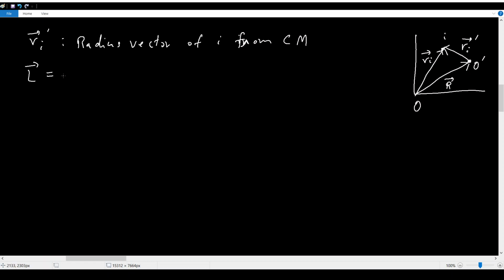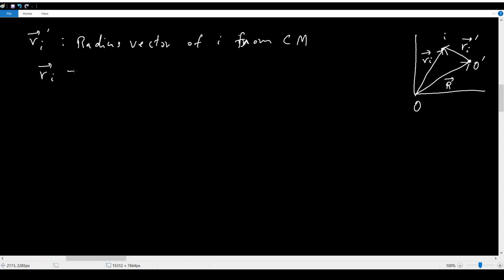So the total angular momentum, actually, before we get onto the total angular momentum, let me write what Ri prime and related quantities explicitly are.